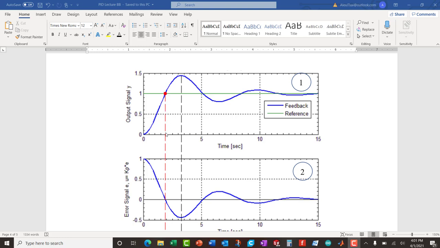Okay, so if you put a vertical line and you say at time 0, you have 1 minus 0, and the answer is 1. So that's the error. At let's say time, maybe 3 seconds, you have 1 minus something close to 1.5, and that would be negative 0.5. So that's why we have negative values in here. So this plot is essentially the error signal.